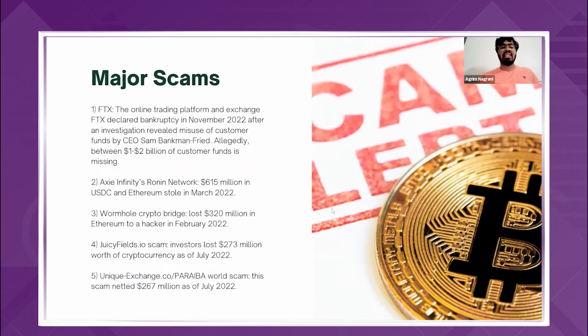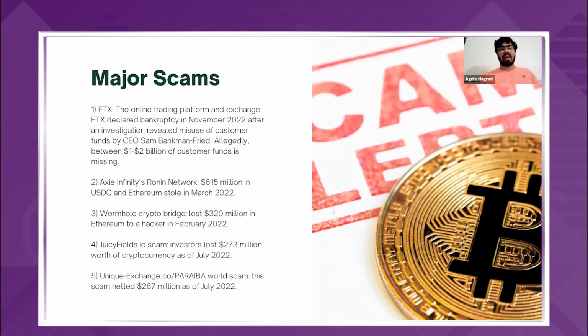Then there was the Axie Infinity Ronin network scam around March, in which millions worth of USDC and Ethereum were stolen by hackers. There was the Wormhole crypto bridge scam, which happened in February 2022, again involving Ethereum, which was stolen, and almost 320 million worth of Ethereum was lost.